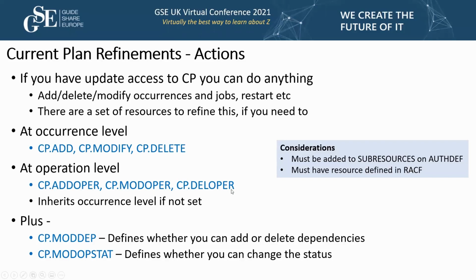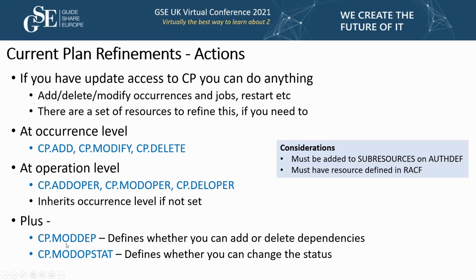If you don't provide this level of access, it inherits the occurrence level. So if you only create these three resources, then the same people that can add occurrences can add operations to occurrences. The same people that can modify, and the same people that can delete occurrences can delete operations from occurrences.